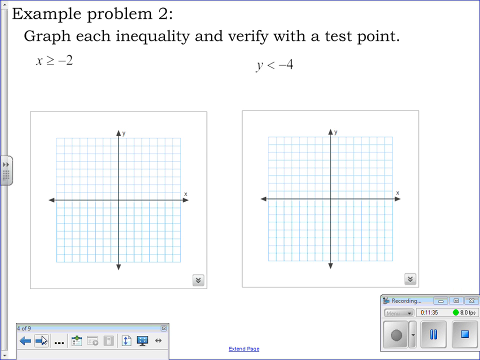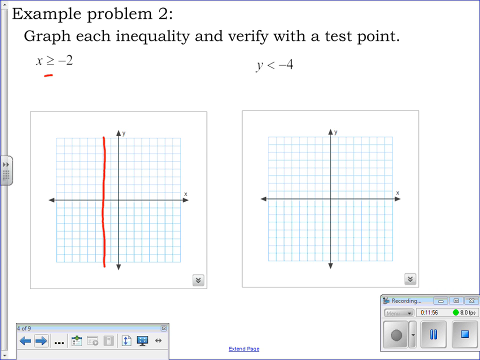Probably the best spot is any right there. So yeah, x is greater than -2. This is a vertical line. X equals the vertical lines, y equals the horizontal lines. So this is a solid line because it's or equal to, and it goes through -2 on the x-axis.